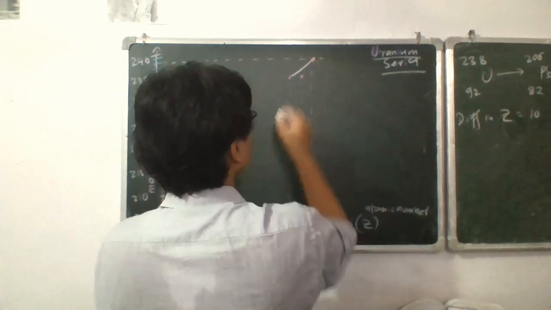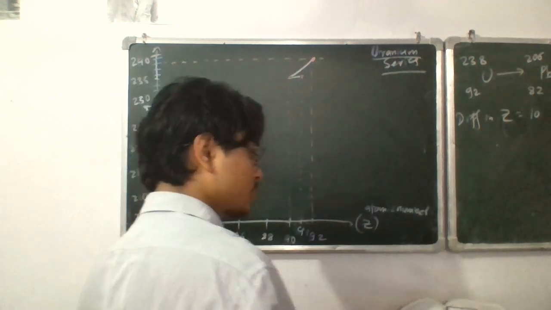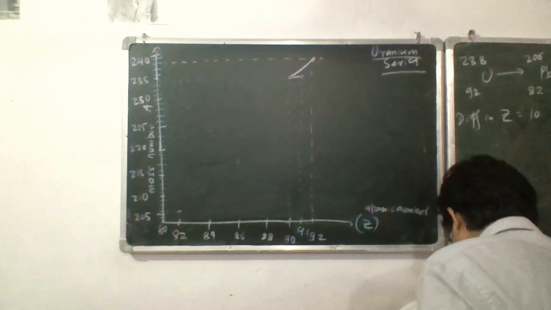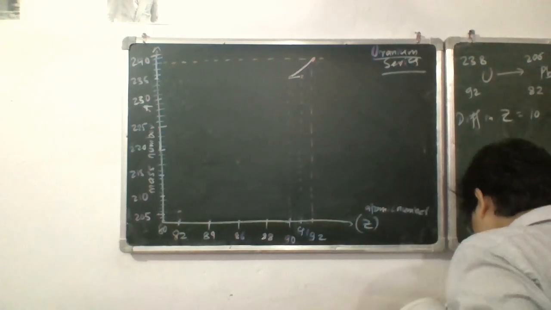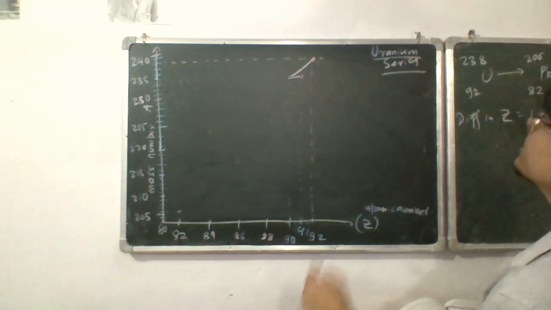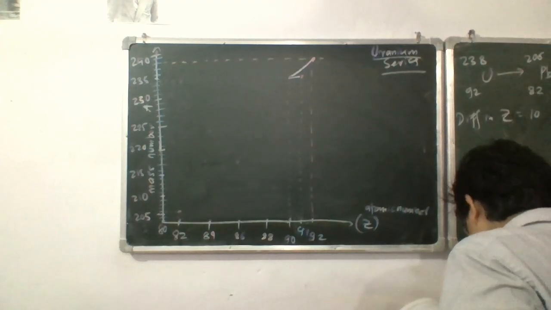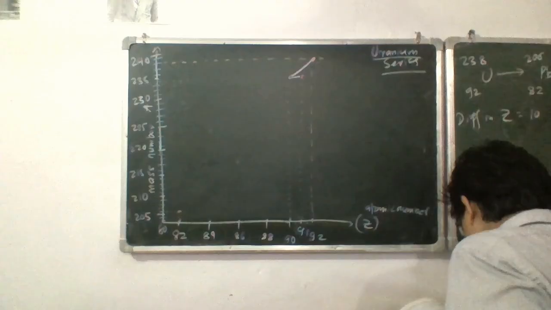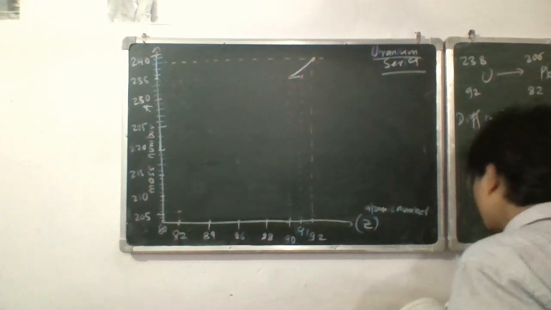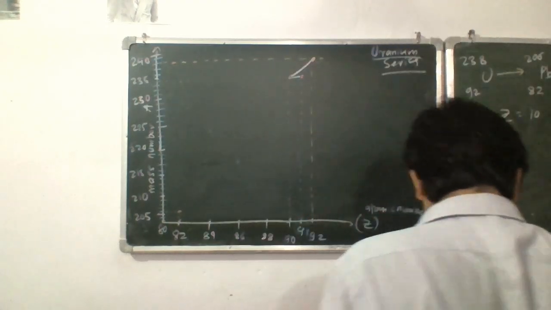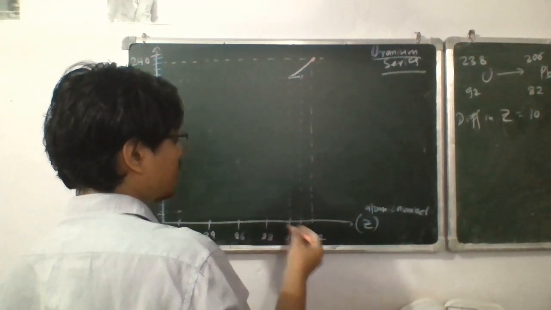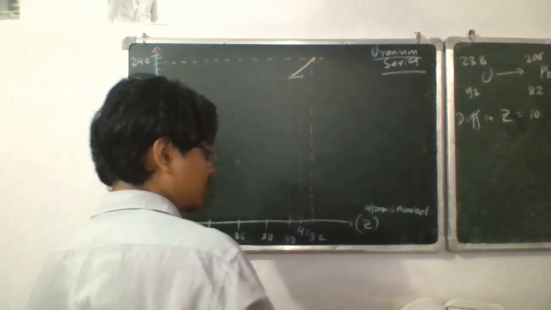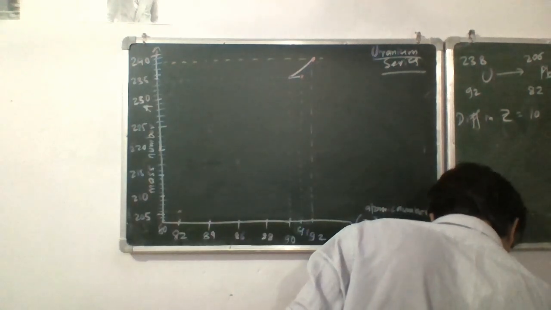So we have got these three steps, and after that again, it doesn't change its atomic mass, rather it changes atomic number. It means it does a beta decay, and this beta decay would result in Pa 234. So 234, but the atomic number is 92.